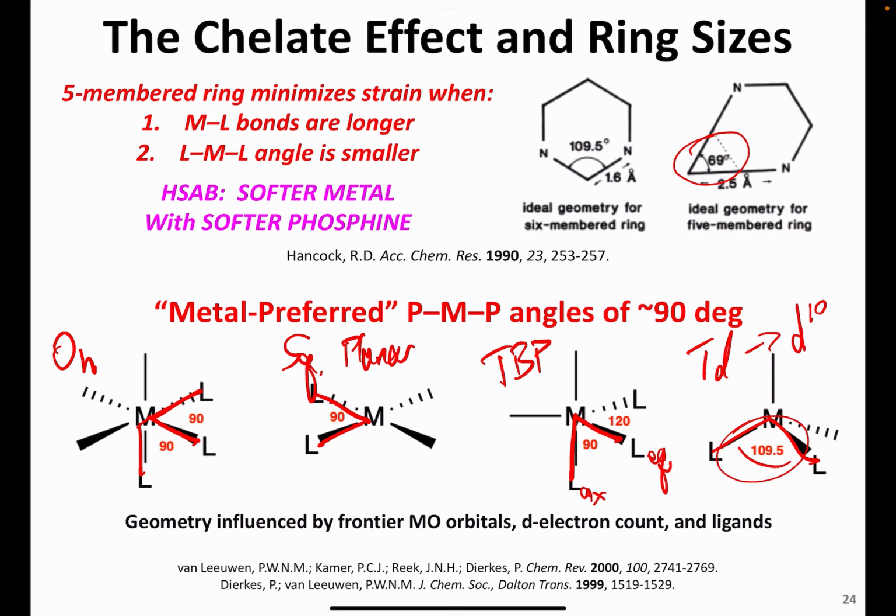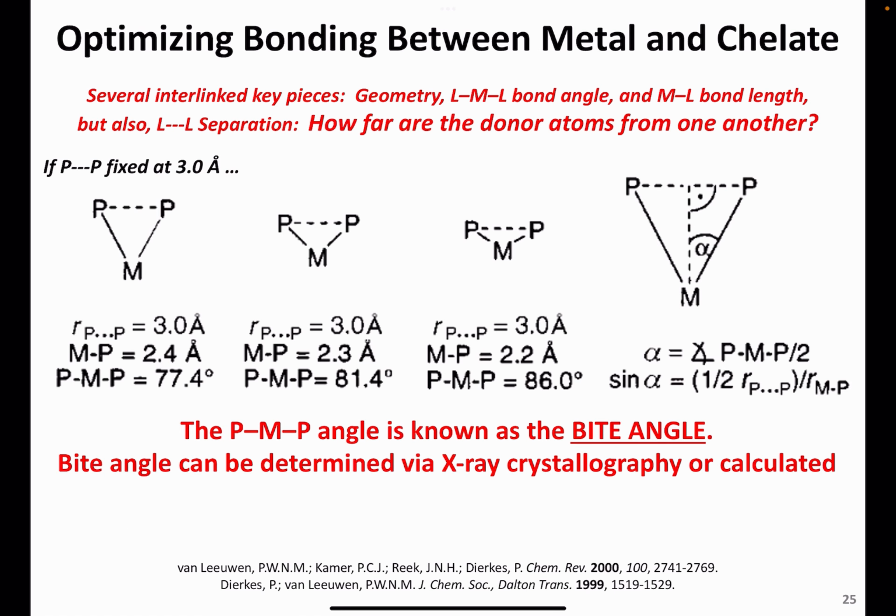And so with tetrahedral compounds, it's sometimes very difficult to get your chelate to match with the geometry of what the metal wants. And so, if the metal prefers angles close to 90 degrees, can you get the chelate to match that? What we're talking about now is trying to match the geometry of the transition metal center with the bond angles and the bond lengths. But there's a second piece, the ligand.